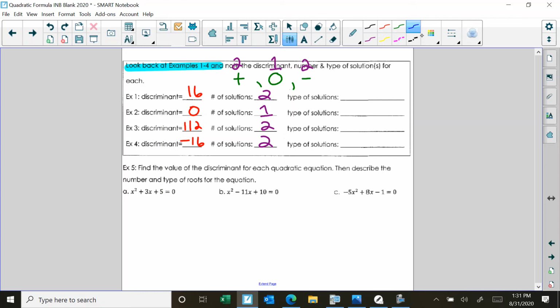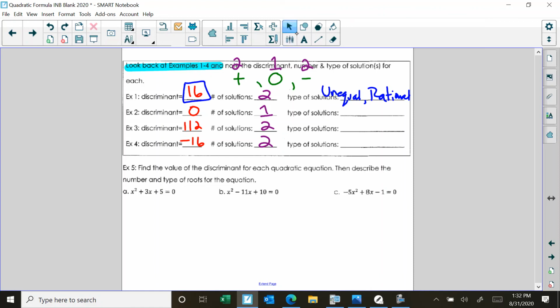So if it is positive and it has 2 solutions, then it's based on, is it a perfect square or a non-perfect square? 16 is a perfect square, therefore it has 2 unequal rational solutions. We'll do the other positive one since we're there.